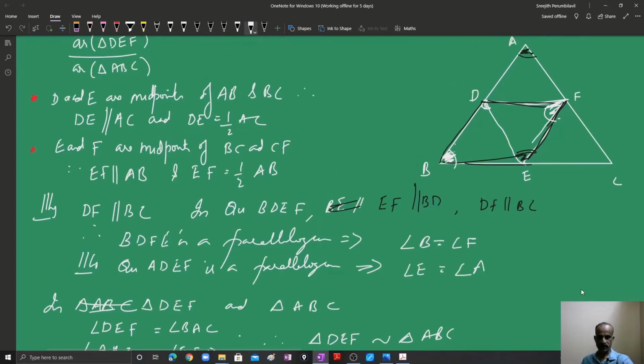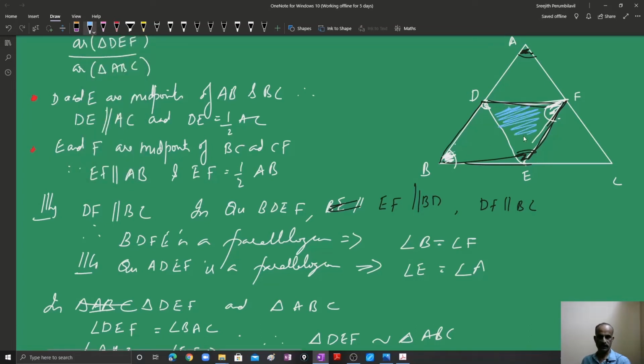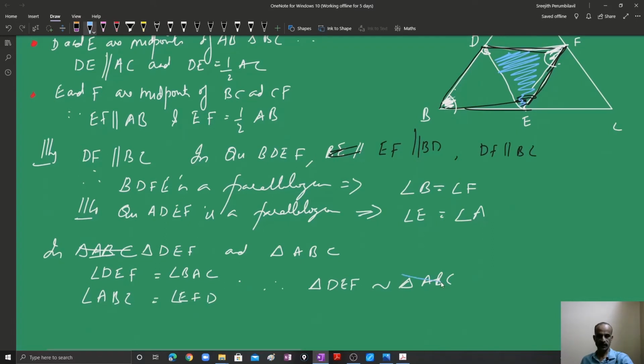That is, this triangle is small. I'll shade it. That is, this triangle DEF is similar to the larger triangle. I have to change the last part of the name, then only it will be perfect.